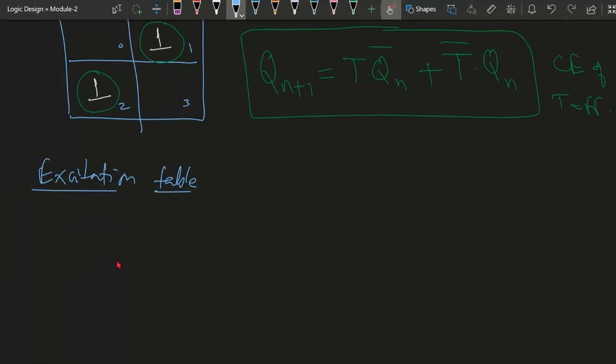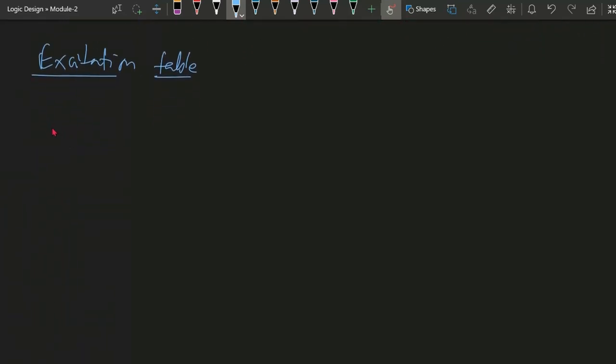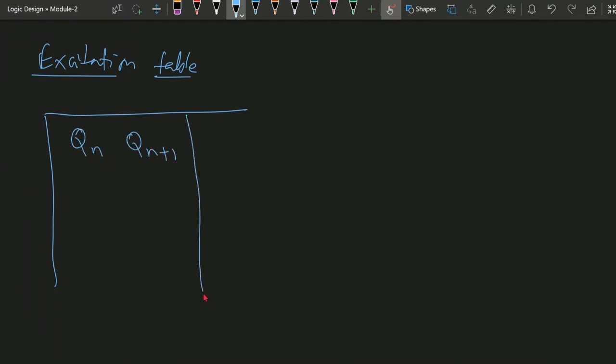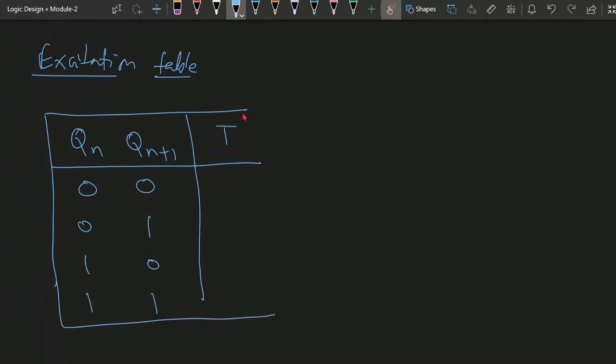Next we will be looking at the excitation table. The excitation table has the relation between the inputs, which will be Qn and Qn plus 1. These two inputs will be there and the output will be T. So it is 00, 01, 10, 11. When the states are the same, meaning it is holding the value, T should be 0.